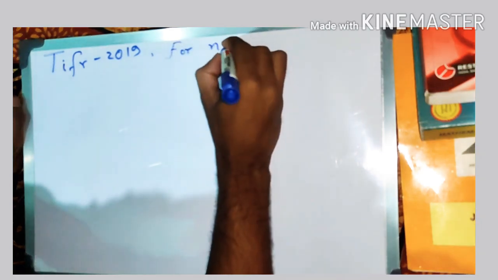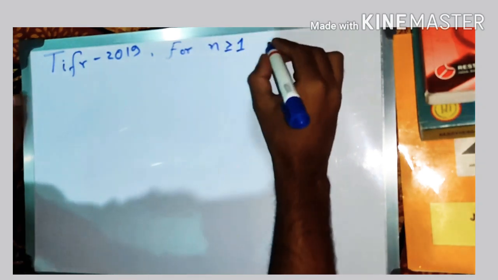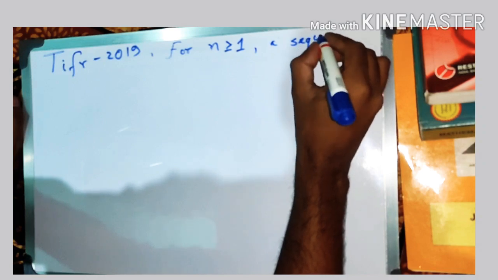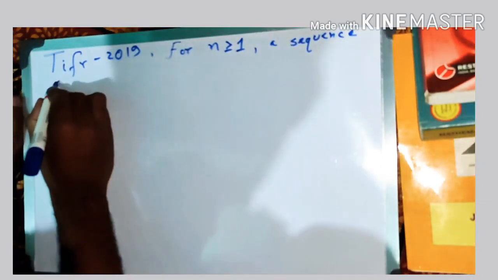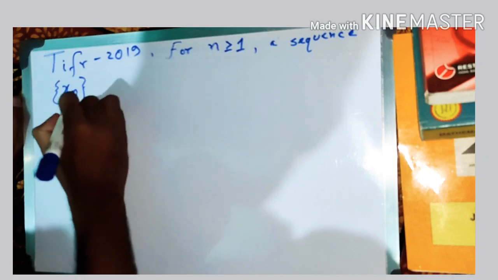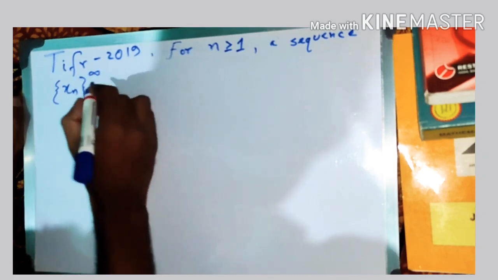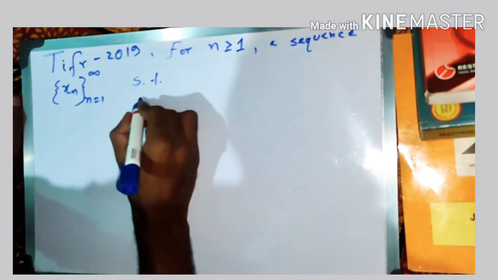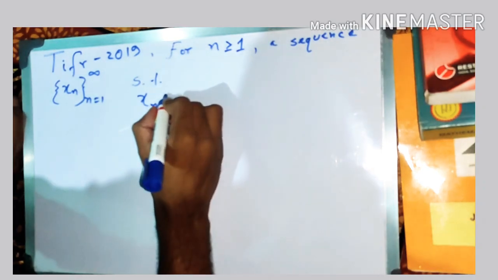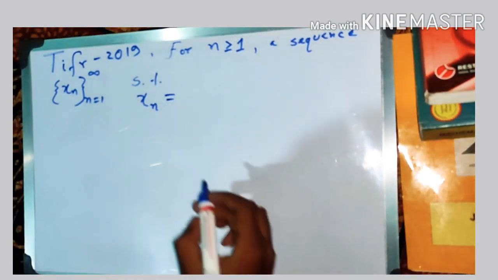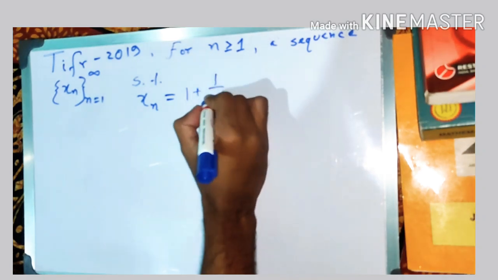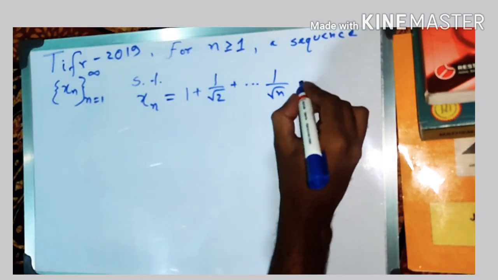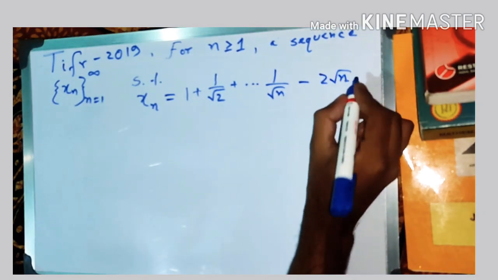For n greater than or equal to 1, a sequence xn, n equals 1 to infinity, such that xn equals 1 plus 1 by root 2 plus dot dot dot plus 1 by root n minus 2 to the power root n.